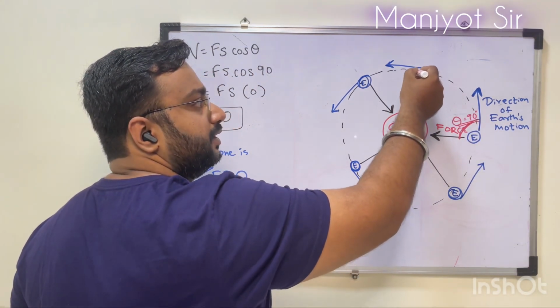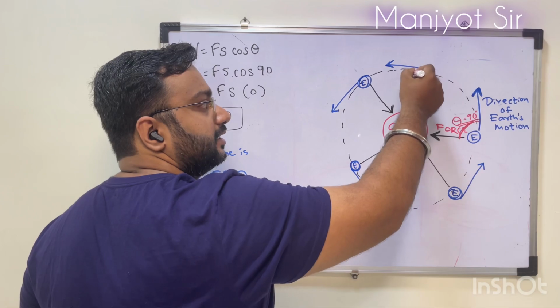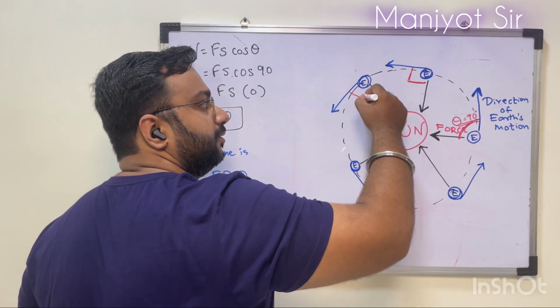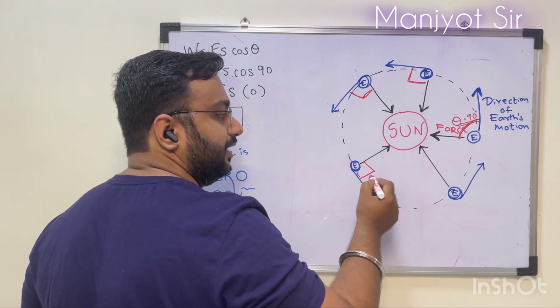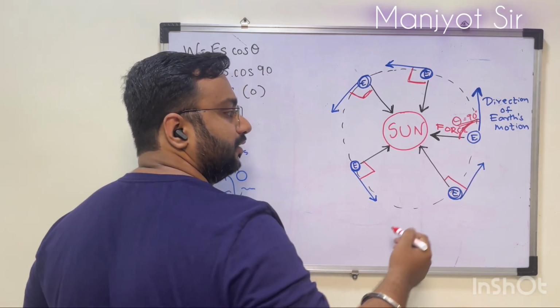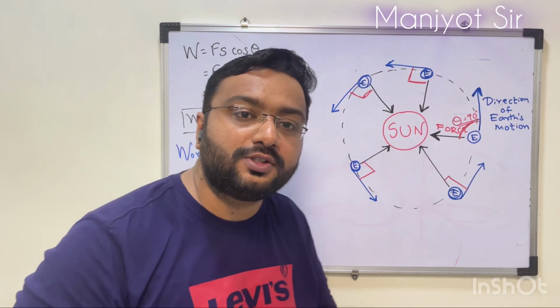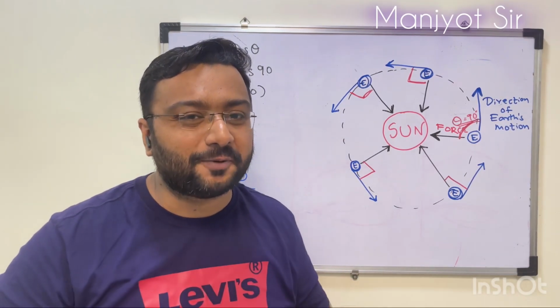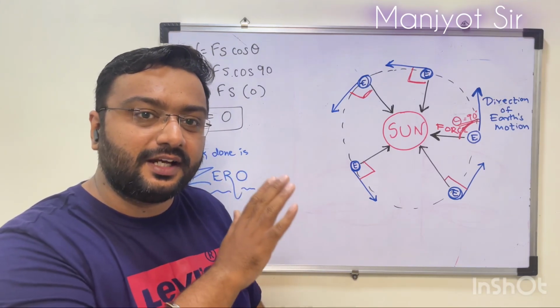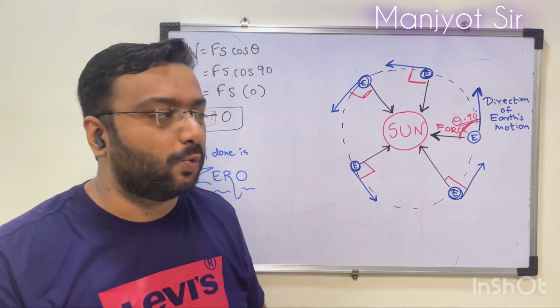Again, if Earth moves over here, the force and direction are again perpendicular. Again, if Earth moves over here, anywhere on the entire Earth's path, the angle between the force and the direction is always perpendicular. So here we say that work done by Earth is 0. Why?